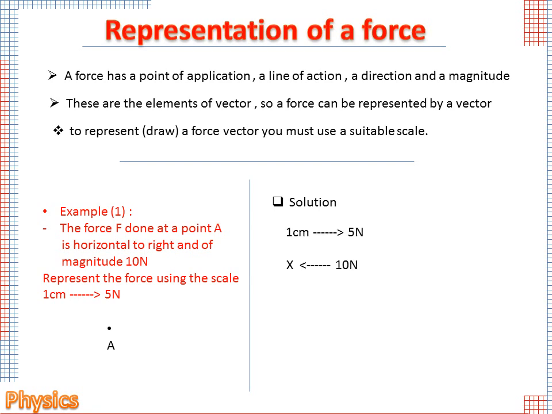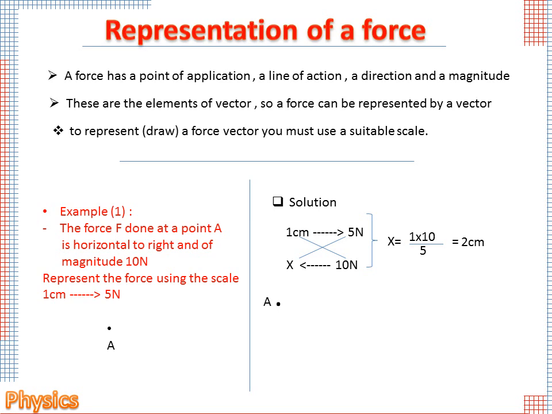Then 10 Newton, which is the magnitude of the force, by how much will be represented? We have to find the value of x. We can use the cross multiplication method. Then x equals 1 times 10 divided by 5, which is equal to 2 centimeter. The force is represented by 2 centimeter.